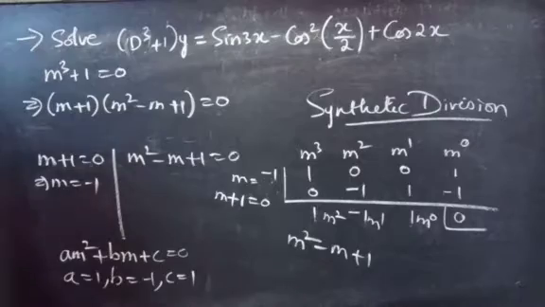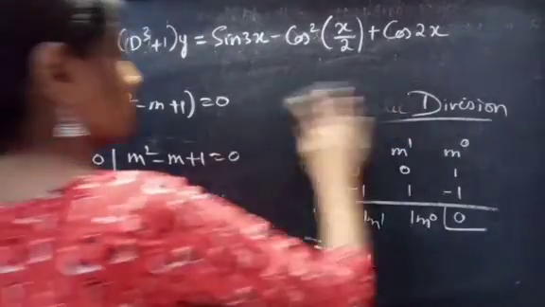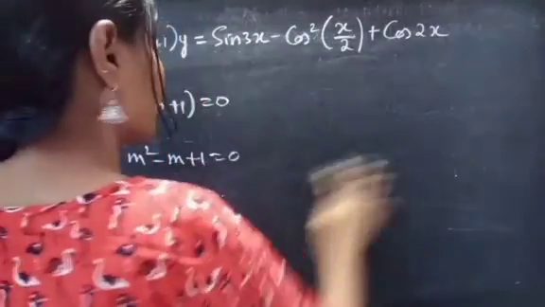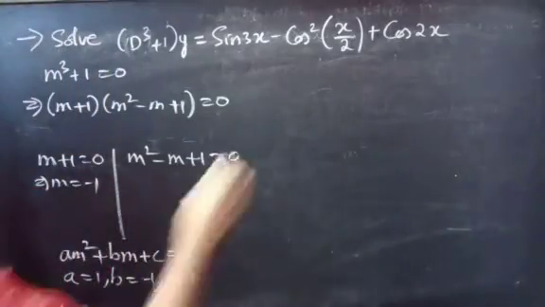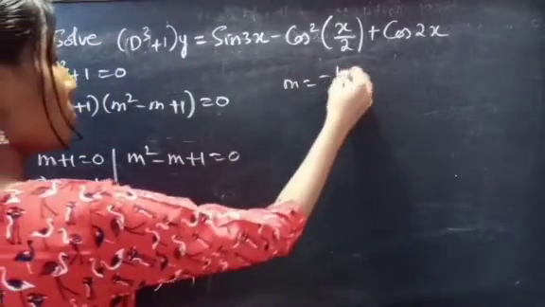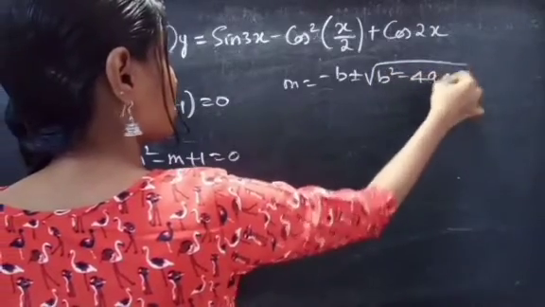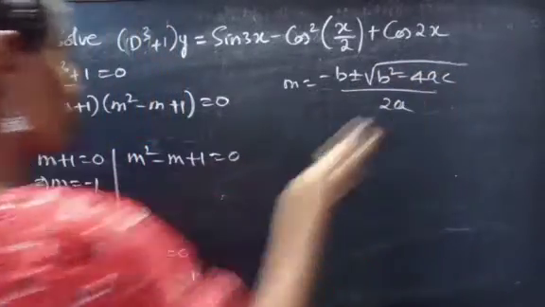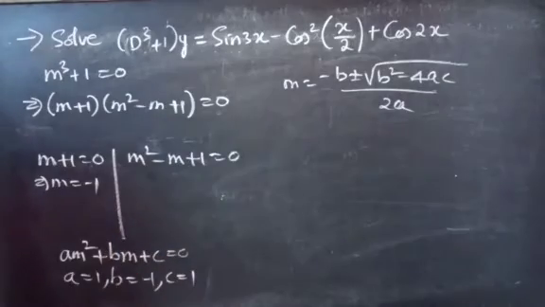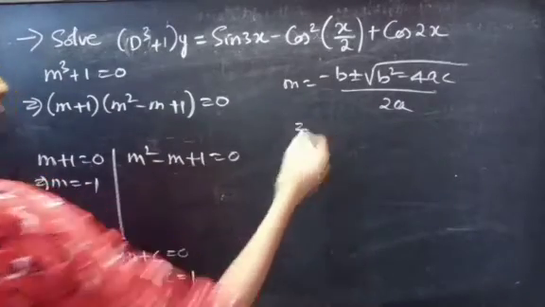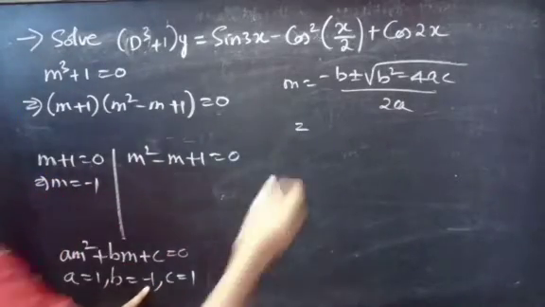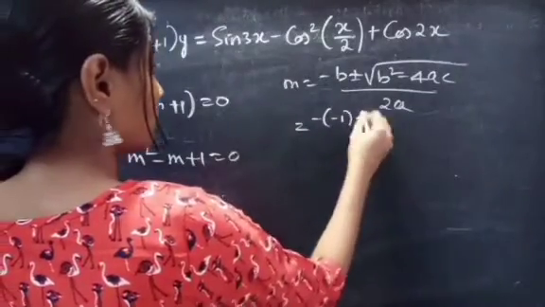We can use the quadratic formula, m equals to minus b plus or minus square root of b square minus 4ac by 2a, to find roots to this equation.